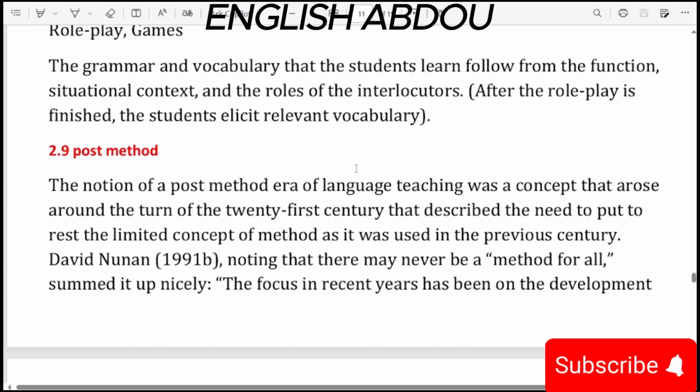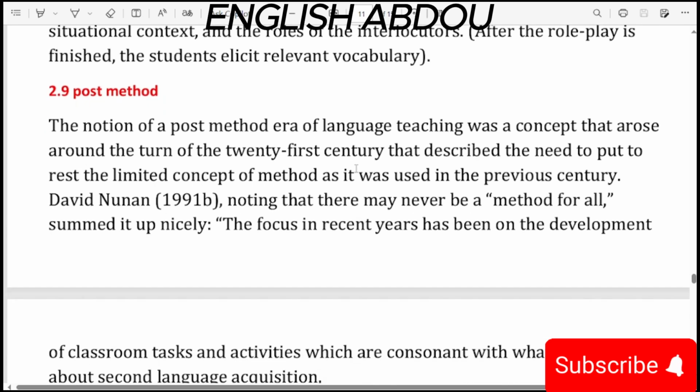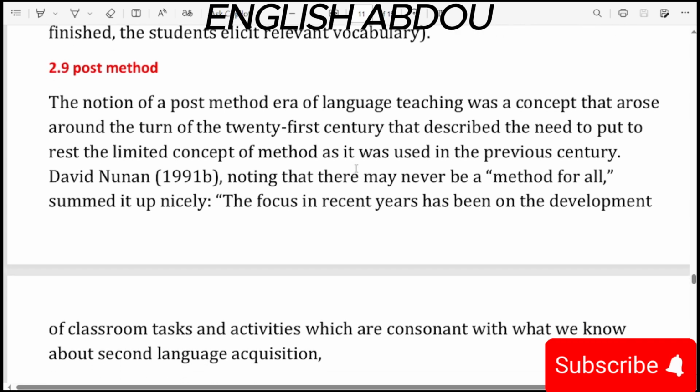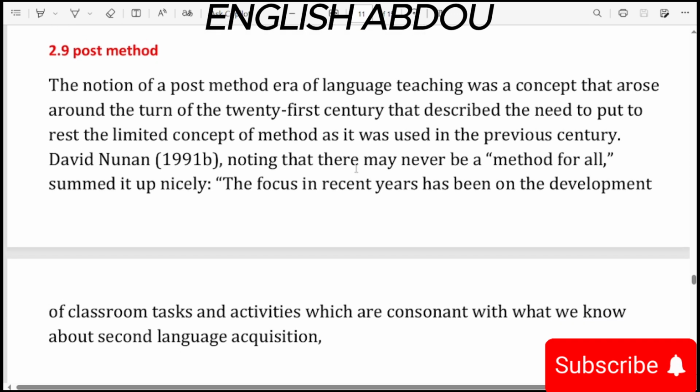This is also the last method, the post-method. The notion of the post-method era of language teaching was a concept that arose around the turn of the 21st century that described the need to reject the limited concepts of method as it was used in the previous century, noting that there might never be a method for all.